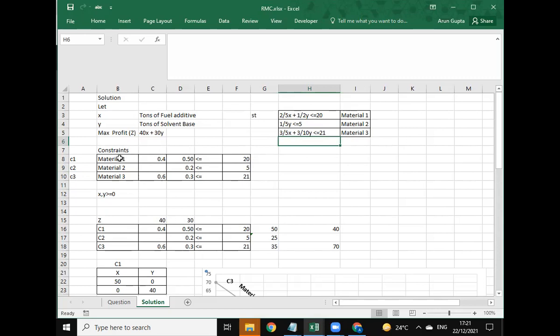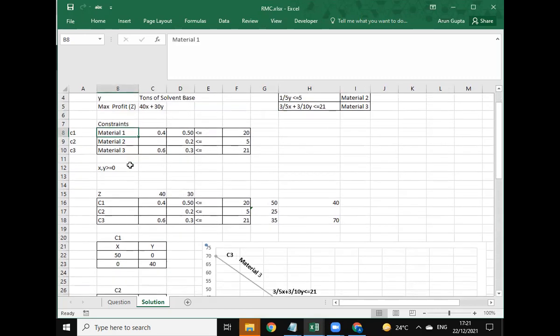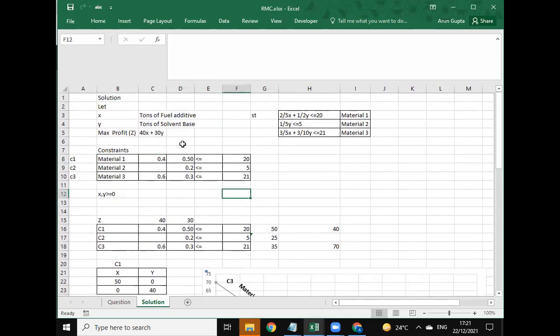Now coming back to the constraints, we have provided the solution for material 1 here itself. Material 1 in terms of x and y parameters, we have multiplied that: 0.4x plus 0.5y is less than or equal to 20.